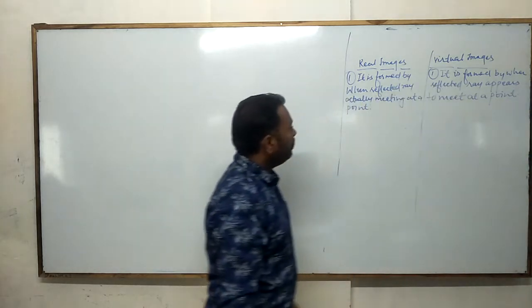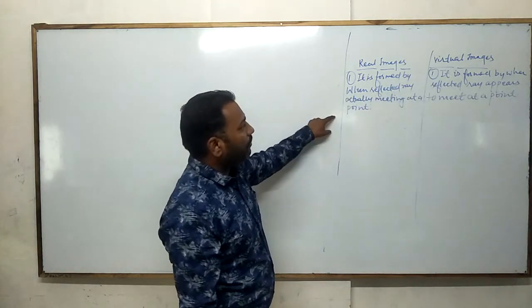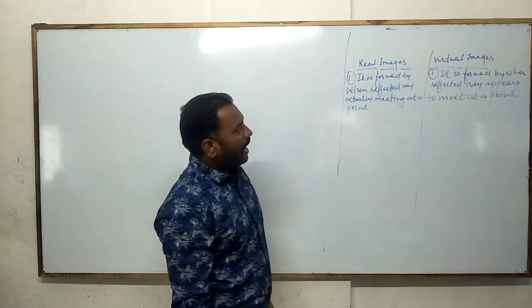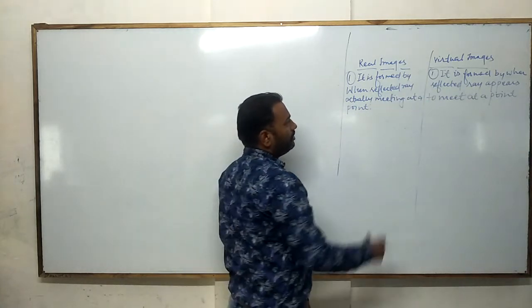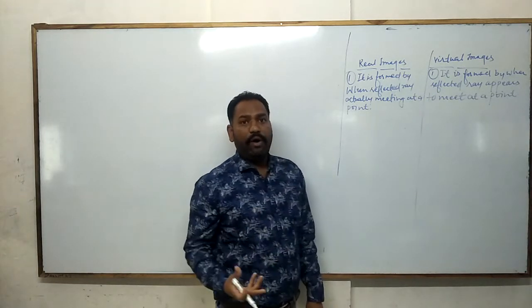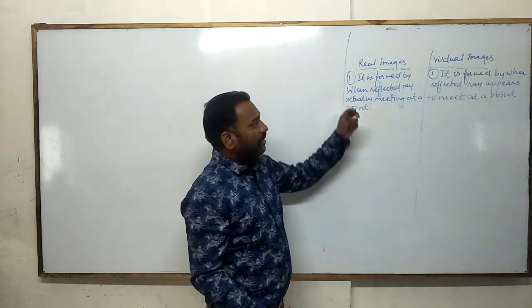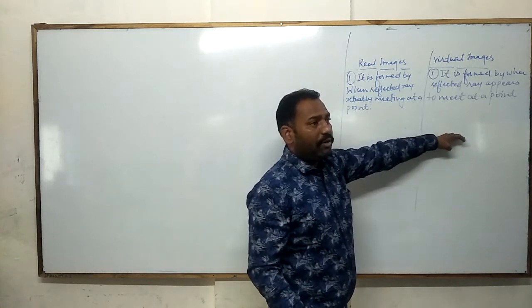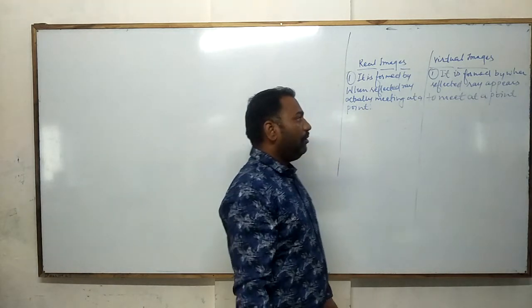So a real image is formed when reflected rays actually meet at a point, and a virtual image is formed when reflected rays appear to meet at a point. It means they show the virtual image, and this is formed inside the spherical surface. Sometimes that focus is called the virtual principal focus.